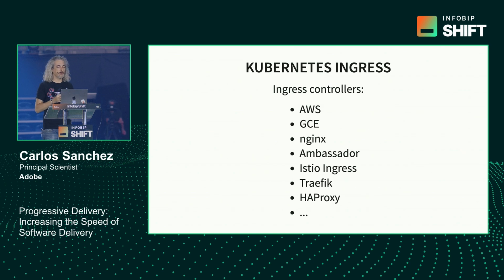And you have multiple Kubernetes ingress controllers today. If you run on cloud, you have the cloud-provided ones. But then you have Nginx, Istio, which is a service mesh, HAProxy, and you can choose what ingress controller you want to use. And different ones have different implementations and different feature sets.